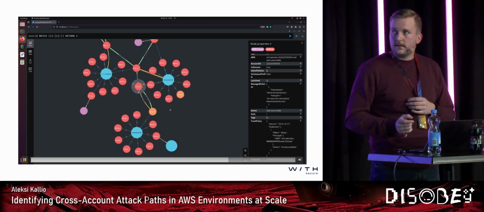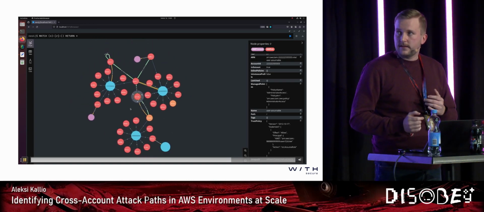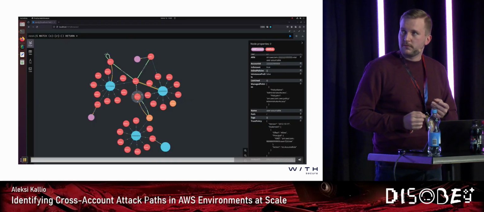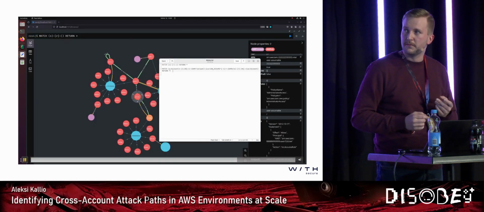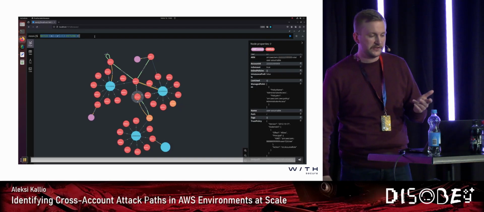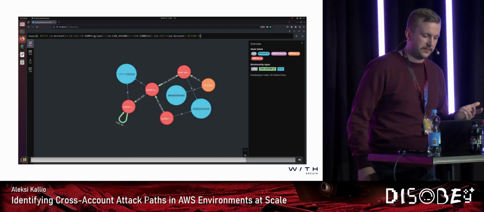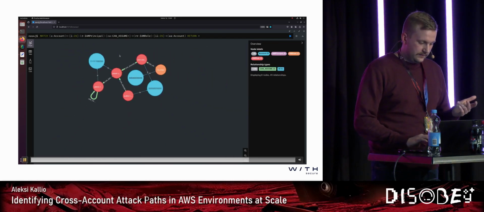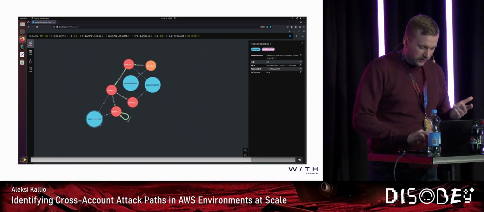And after this, it creates a third type of relationship, which is the can assume relationship. And this is the interesting part. This is the relationship which is created based on the analysis with IAM-SPY. So, I'll pause quickly here.